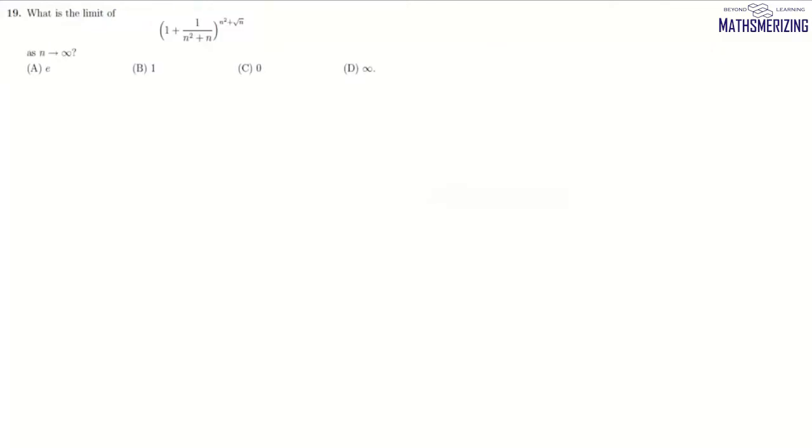Now question number 19 is, we need to find this limit. Limit n tends to infinity of (1 plus 1 upon (n square plus n)) to the power (n square plus root n). Now this is 1 to the power infinity form. And if it is 1 to the power infinity form, we'll directly use the shortcut, which is e to the power limit n tends to infinity g(x), which is (n square plus root n), into (f(x) minus 1), which is 1 upon (n square plus n).